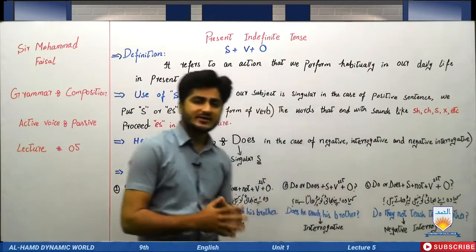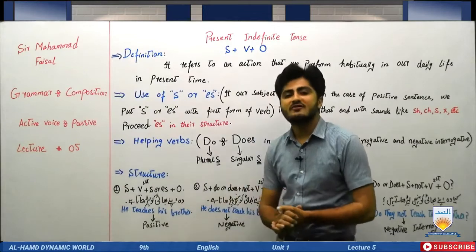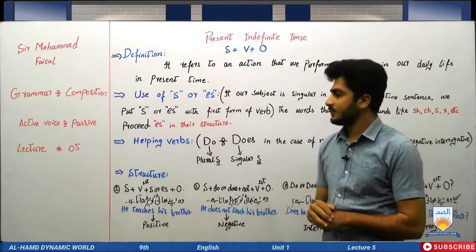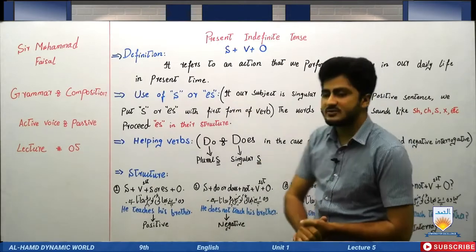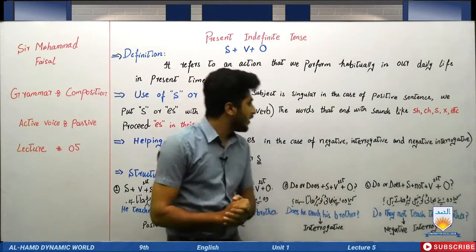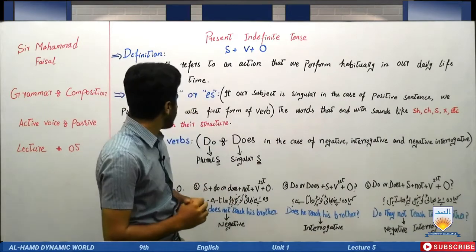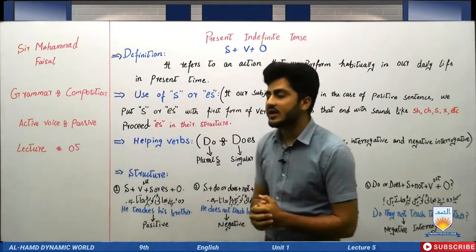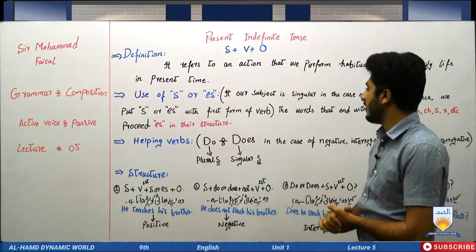Now let's move towards the next point, which is the use of s and es. If our subject is singular, in the case of a positive sentence we put s or es with the first form of the verb.